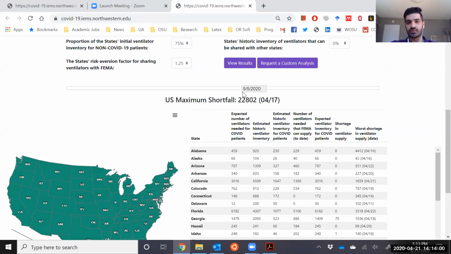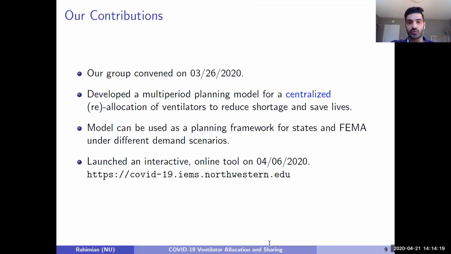resources. And you can see all this data that is changing here is showing the amount of ventilators that the states need, the amount of ventilators that they have in their inventory, and how much shortage they have. All the numbers in this table are coming from the optimization model that I'm going to talk about in a few minutes.